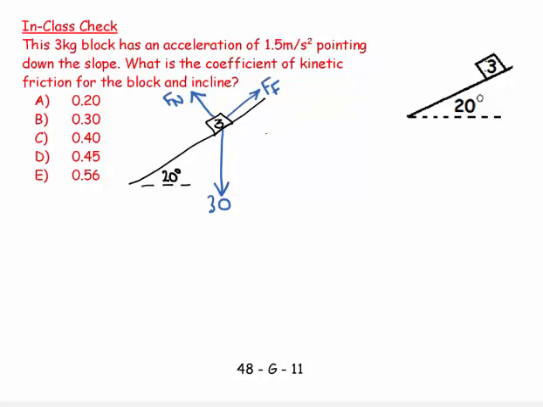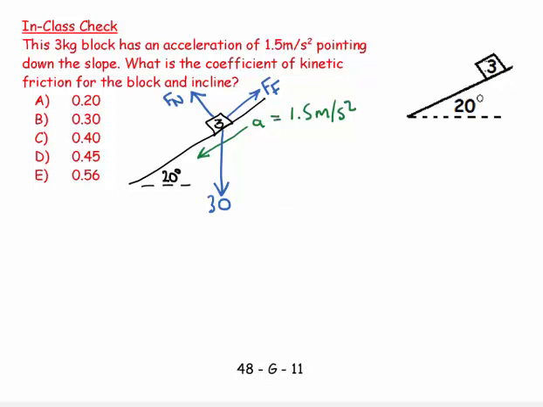But this force of friction is not sufficient to stop the acceleration. It's not sufficient to cause constant speed, which would be a statics problem, or to cause a stationary object, which would also be a statics problem. I'm still getting an acceleration, so let's designate my acceleration. My acceleration is down the slope, and it is equal to 1.5 meters per second squared.